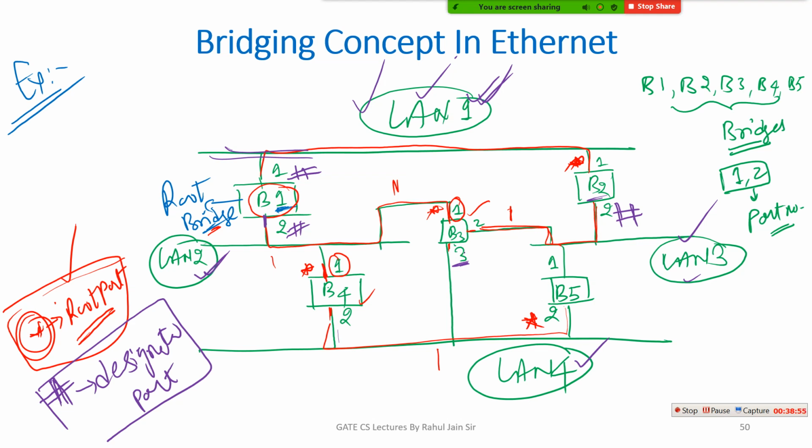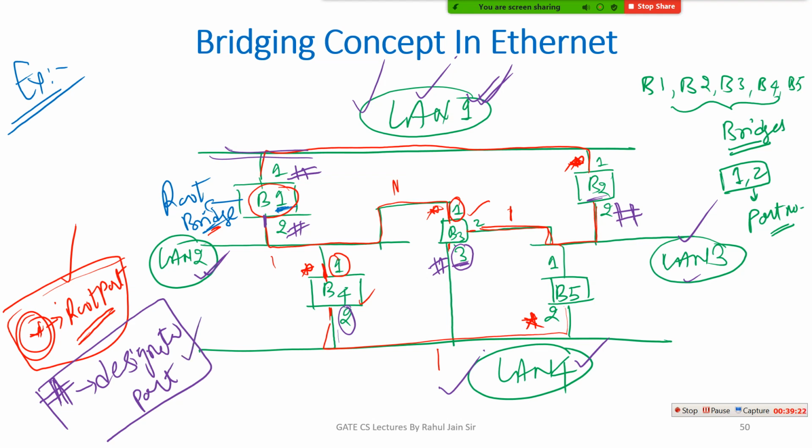So either I can choose the third port of B3 as the designated port for lane 4, or I can choose the second port of B4. I can choose anyone. So suppose I am choosing the third port as the designated port for lane 4. So I have chosen a root port for each bridge and a designated port for each lane.